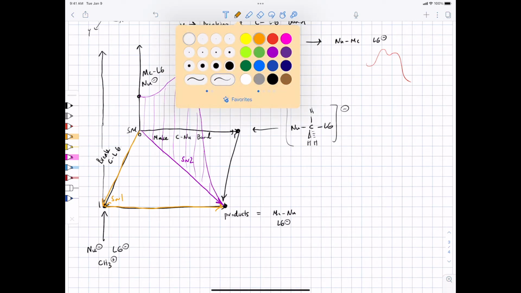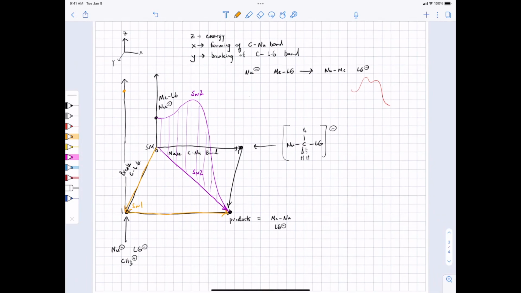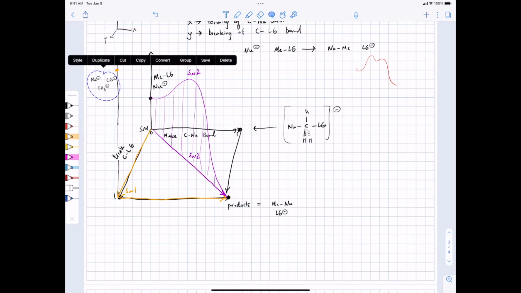We expect it to be quite a bit higher in energy than starting materials because it's a carbocation. All right, so that point there is the carbocationic intermediate. We're showing the energy of our carbocationic intermediate up here.